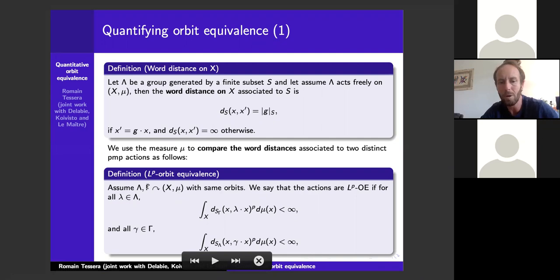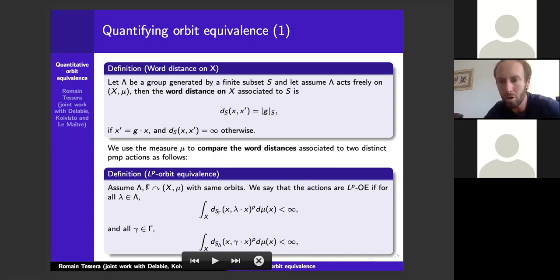But if you have two different actions, even for the same group, then whenever you move through one action, for instance you take a λ in Λ and you move x to λx, you know that there exists a γ such that you could do the same with this element in Γ. But the length of this element in Γ may fluctuate, maybe be very large, for instance.